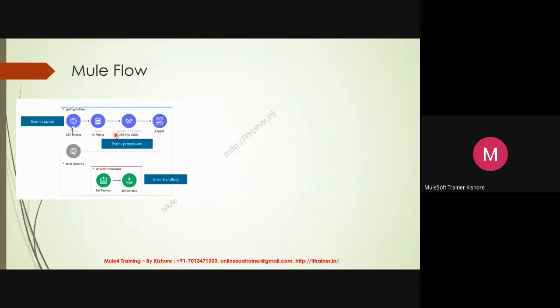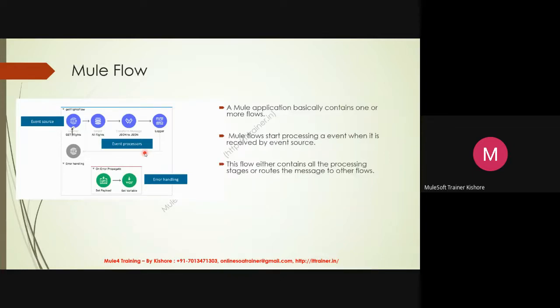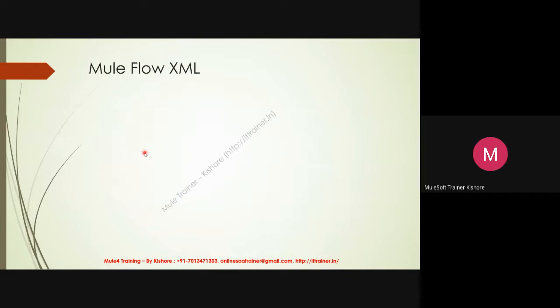Every Mule application basically contains one or more Mule flows. A flow starts when an event is received by an event source, and then it will process it. So at a high level, we'll have some information about your Mule flows.